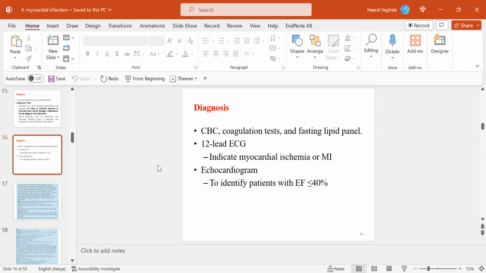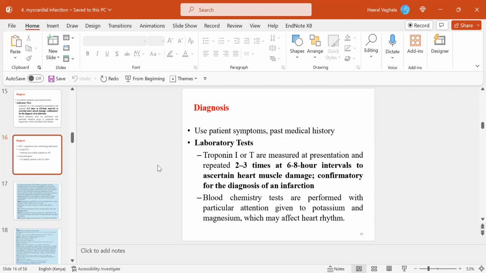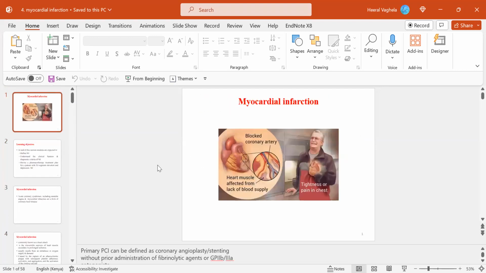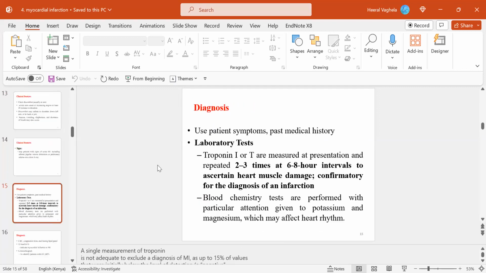And of course, you test for coagulation, and the fasting lipid panel, which will show that the LDL level is high. The 12-lead ECG is important over here because it will show you if it's NSTEMI or STEMI. With NSTEMI, there is no elevation of the ST segment, while in STEMI, you'll have an elevation of the ST. I don't know if there's a picture of that. Let me check. No, there isn't.